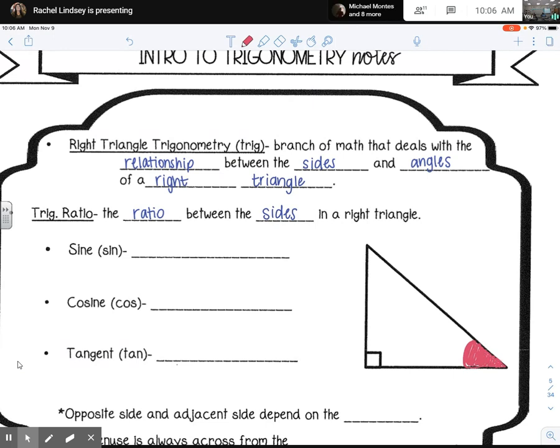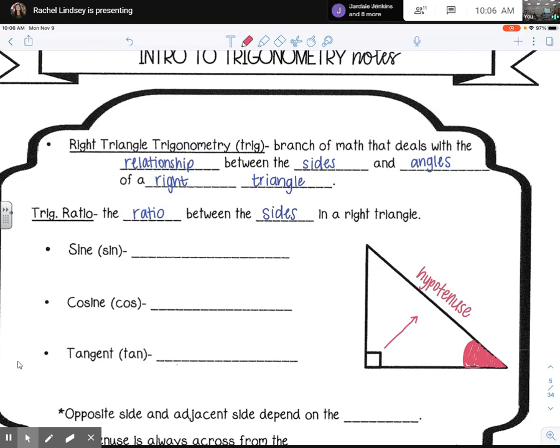So what do we know about the side that's opposite the right angle? What do we call that? The leg, or the hypotenuse. The hypotenuse. So that is always the hypotenuse. Okay. So when we're looking at trig, we're either going to have an opposite or an adjacent side.